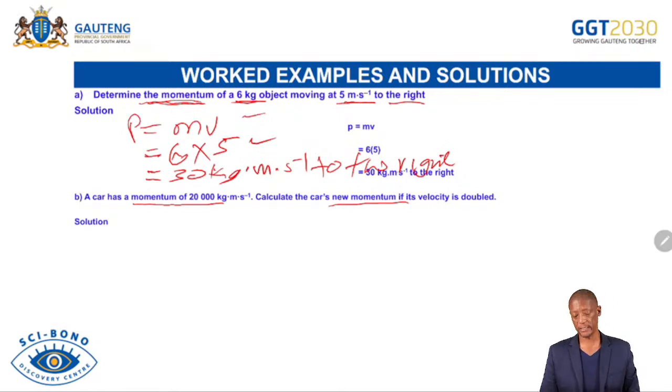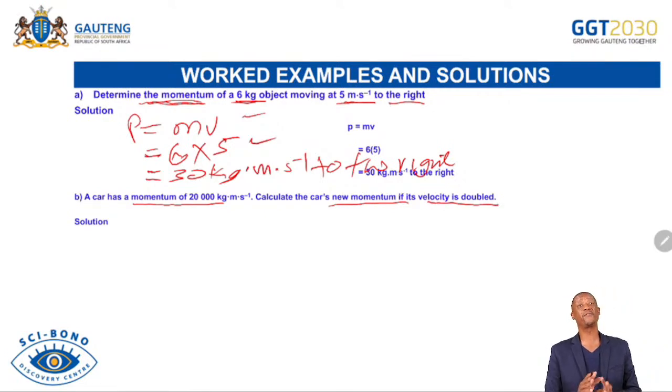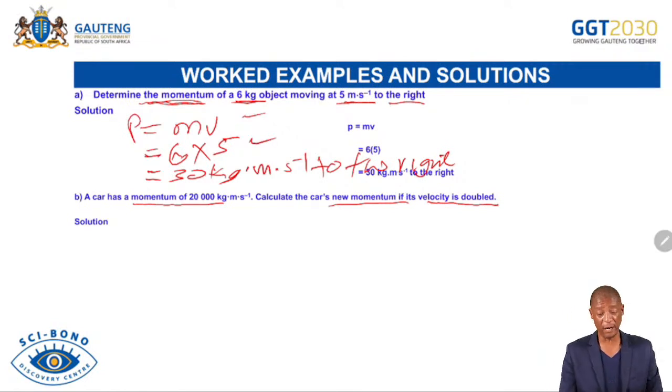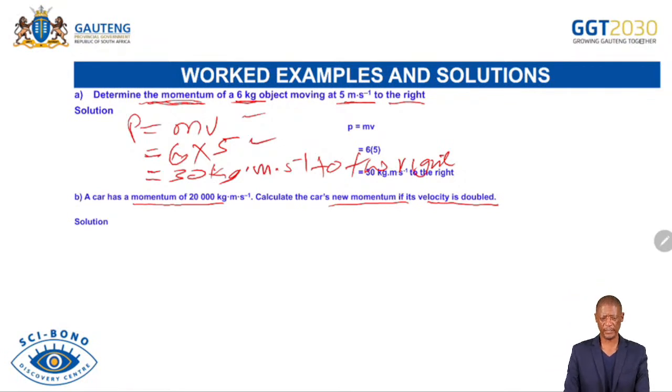But now they are saying if its velocity doubles, yes, we are given a momentum. But now the momentum when the velocity is double, how are we going to do that? Because for us to calculate momentum, we must have the mass and we must have the velocity. But they don't talk about the mass here.